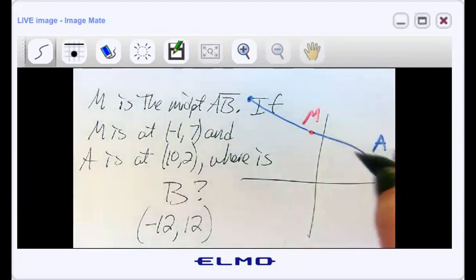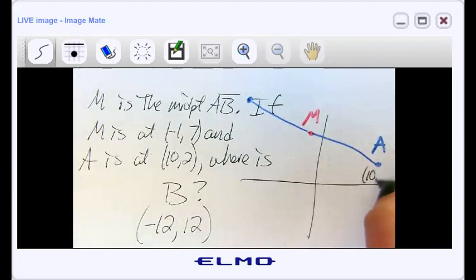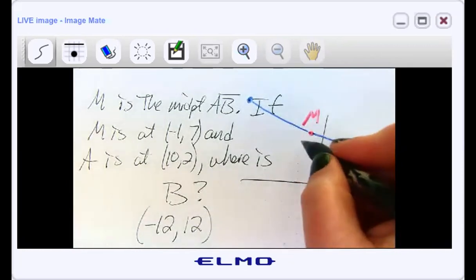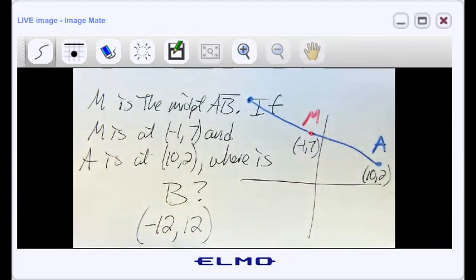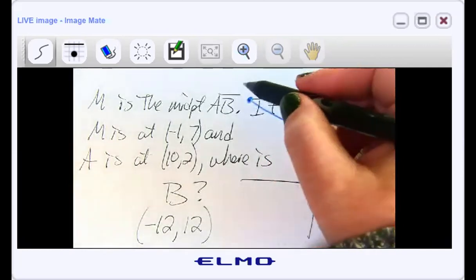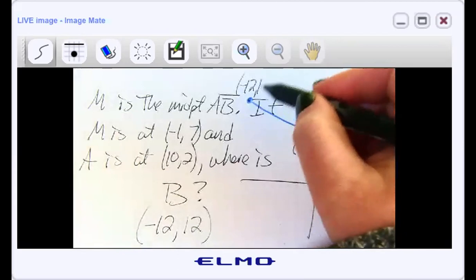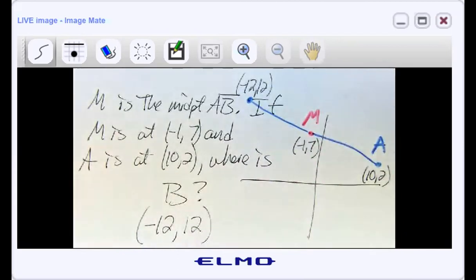If you got a way, let me know. A was at 10, 2. M, we said, was at -1, 7. And I gave you the answer. It is at -12, 12. But how could I have gotten those numbers so quickly? Anybody have a thought?